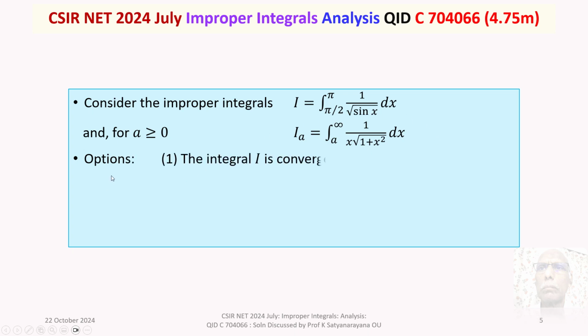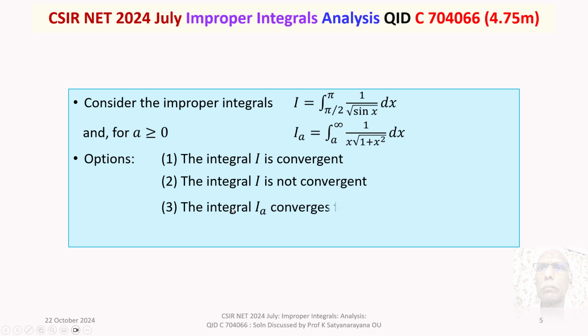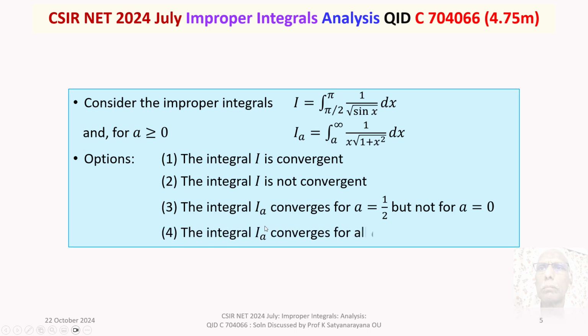We are given four options. Option 1, the integral I is convergent. Option 2, the integral I is not convergent. That means one of them is true. Option 3, the integral I suffix a converges for a equal to 1 by 2 but not for a equal to 0. Option 4, the integral I suffix a converges for all a greater than or equal to 0.